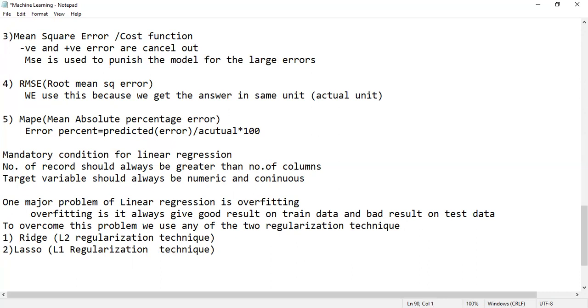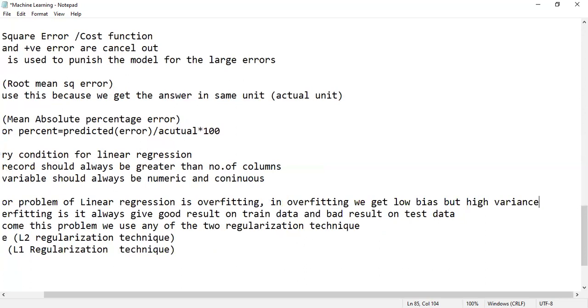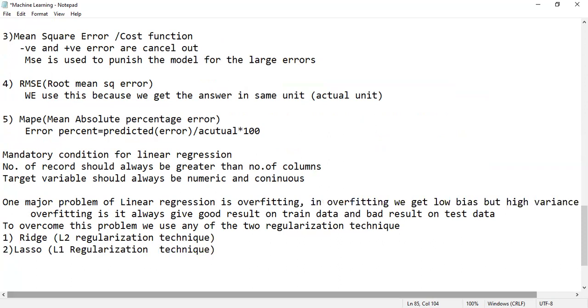In overfitting, we get low bias but high variance. I should write it here. So these are the points related to overfitting.